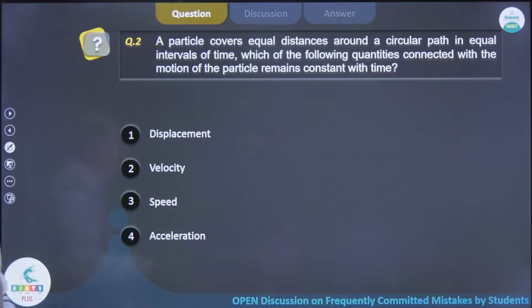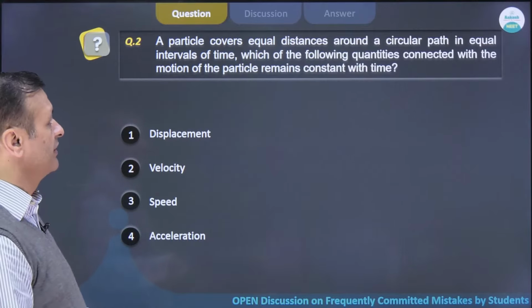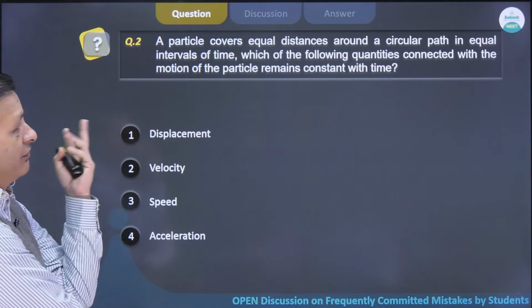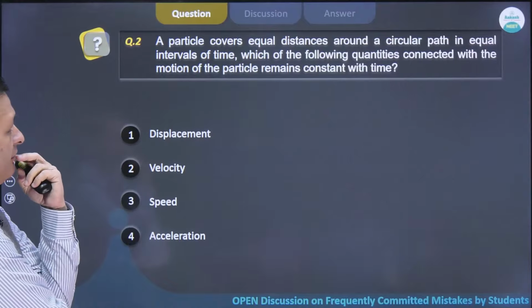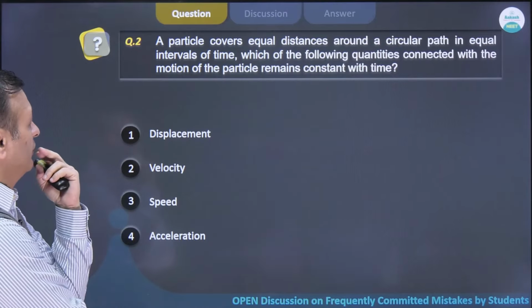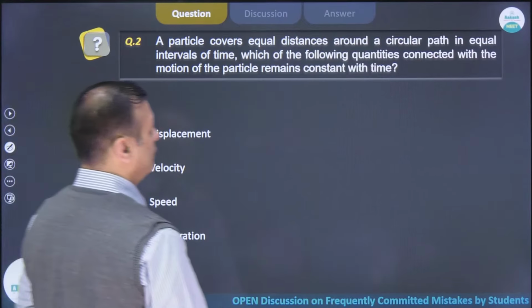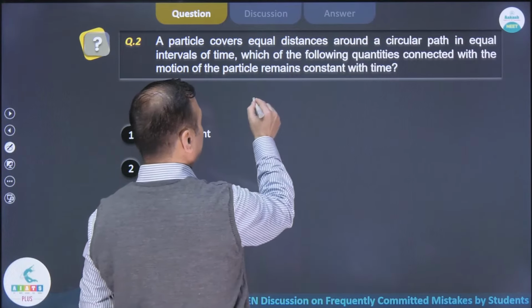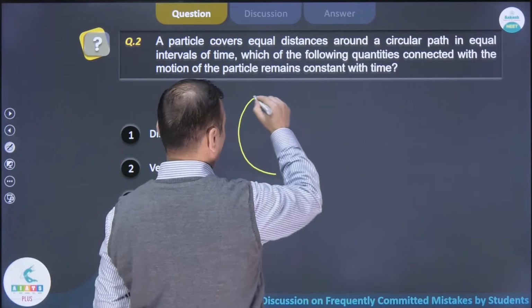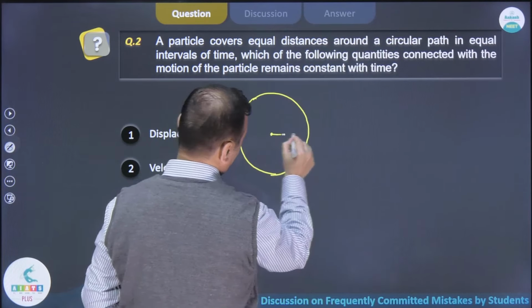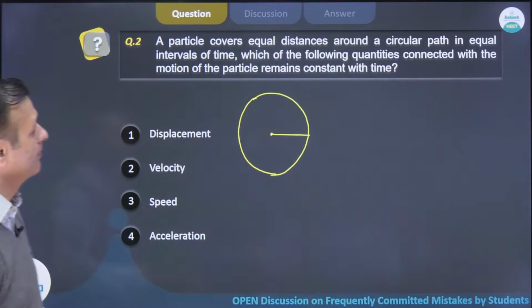Now moving to the next. A particle covers equal distances around a circular path in equal intervals of time. Which of the following quantities connected with the motion of the particle remains constant with time? So this is a circular motion, and this is the radius.